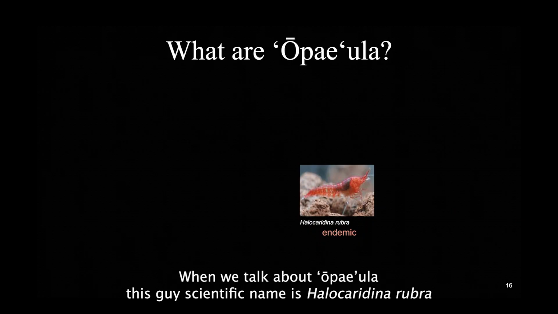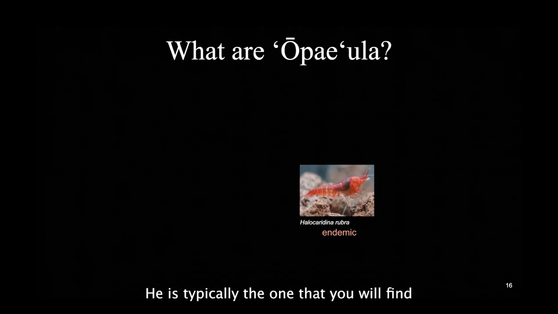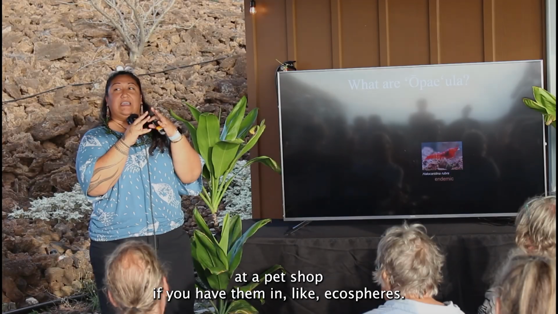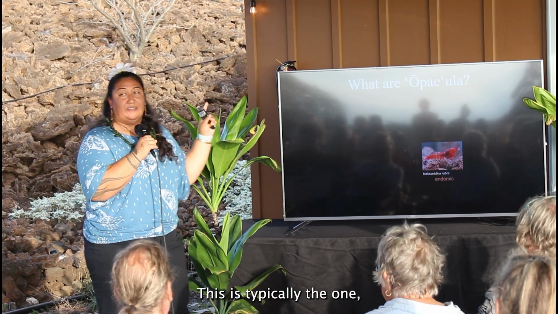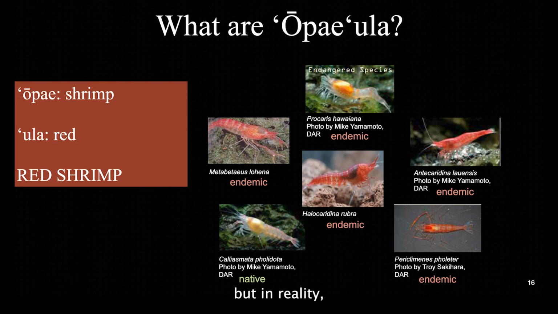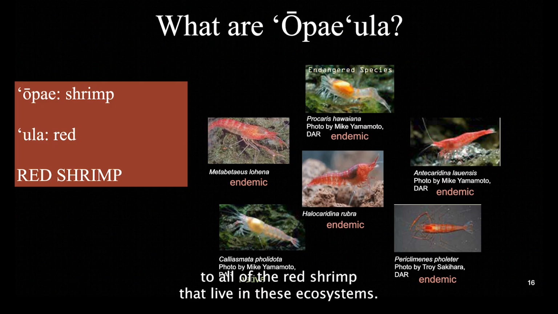This guy, scientific name Halocaridina rubra, is typically the one that you will find at a pet shop if you have them in like ecospheres. But in reality, ōpae just means shrimp. Ula just means red. So ōpae'ula just means red shrimp. So I use ōpae'ula to refer to all of the red shrimp that live in these ecosystems, kind of like a blanket term.